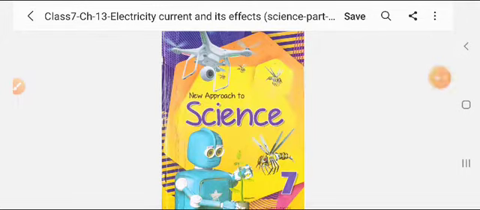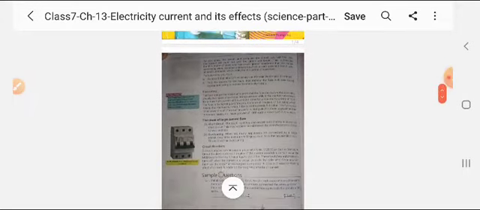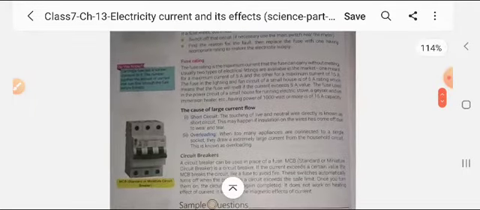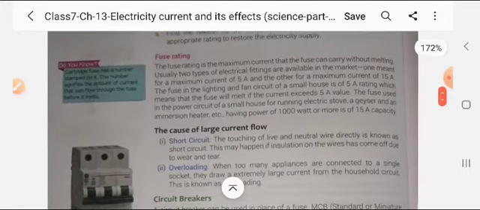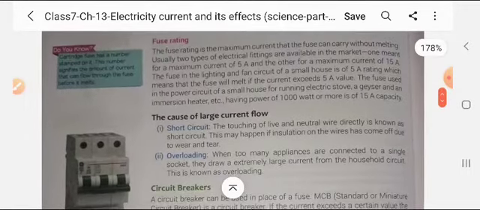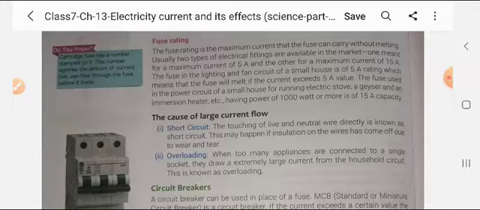Dear students, today I will explain the effects of the current, in which in my previous class I explained the fuse. What is the work of the fuse? Students, as I have told you, a fuse is an appliance applied in the circuit of electric current to break the circuit if there is a heavy electric supply.